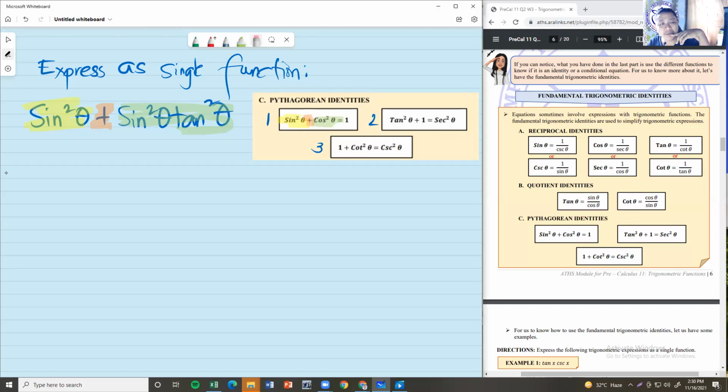Kaya lang, looking at what we did a while ago, looking at what we did here, this will end up with sine raised to 4 theta over cosine squared theta. So, lalong humirap yung sitwasyon. We cannot use that. Therefore, let's analyze it further at tingnan natin ano ba ang magandang gawin.